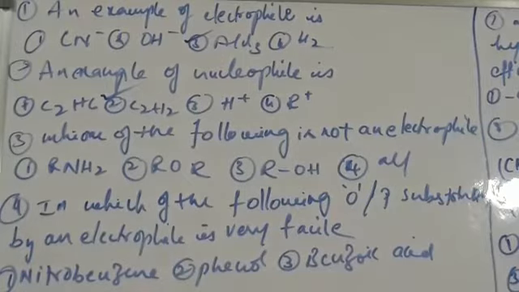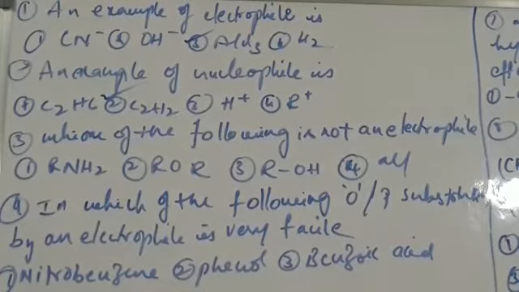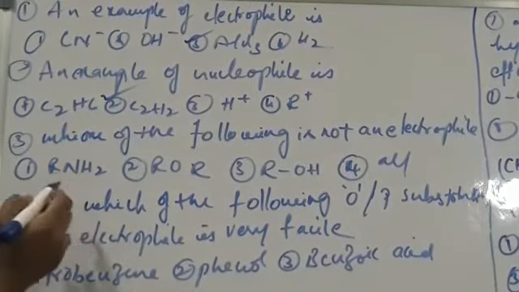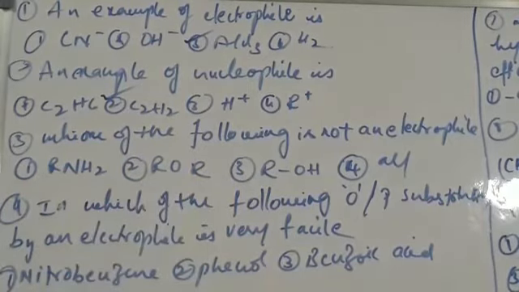Next, which of the following is not an electrophile? What is an electrophile? Electron attracting species, so having less number of electrons. Here in the given options, amines, ethers and alcohols are there. So all are electron rich compounds, having more electrons.